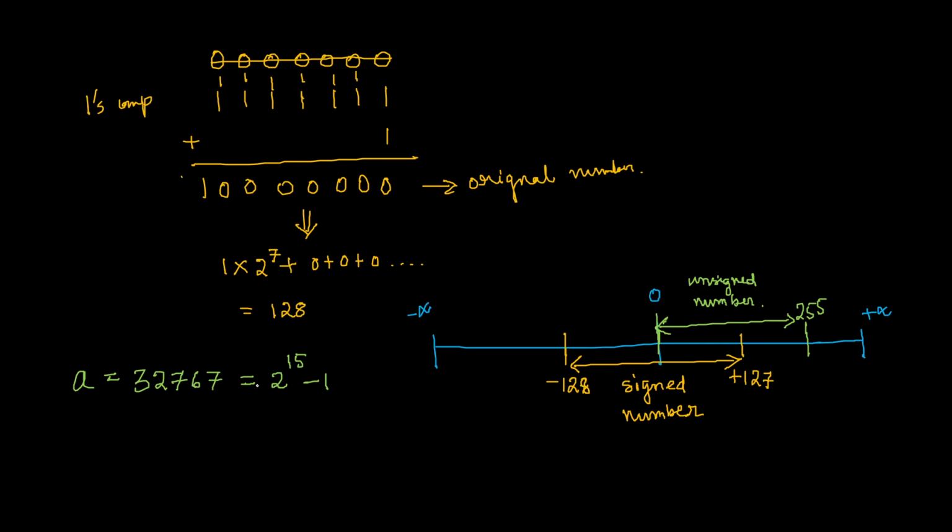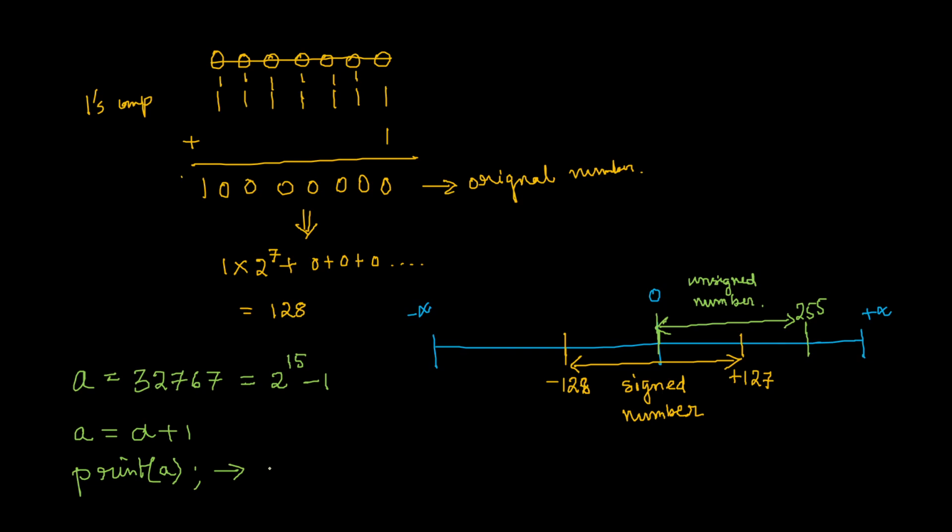So if we do have something like this and then someone tells you that a equal to a plus 1 and you print a somehow, I'm not following the syntax of C program, I'm just saying that somehow we have to print this a, what will be printed? Some people will say 32,768, which is wrong.